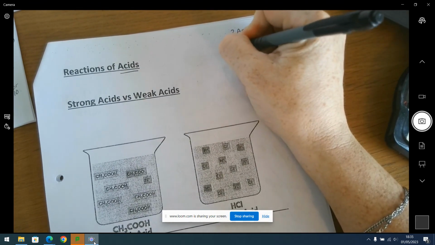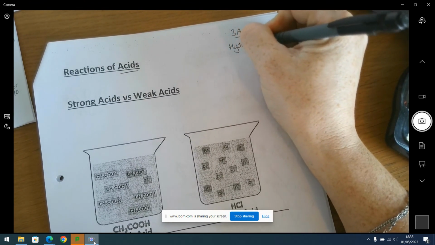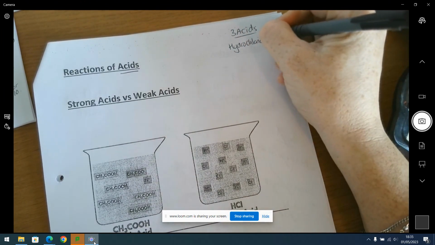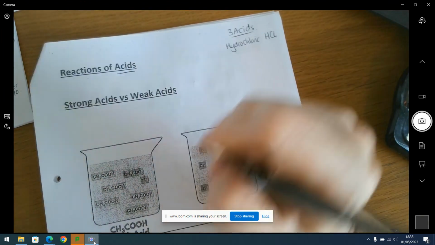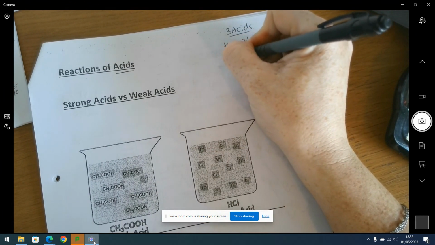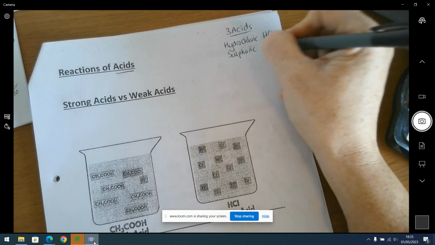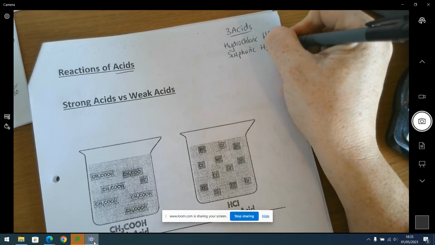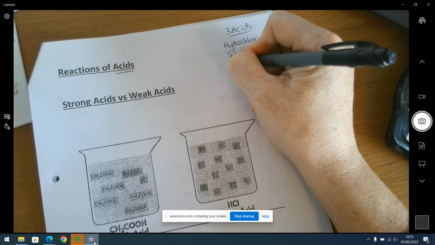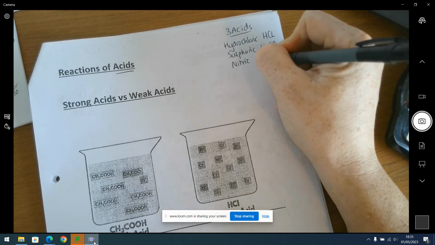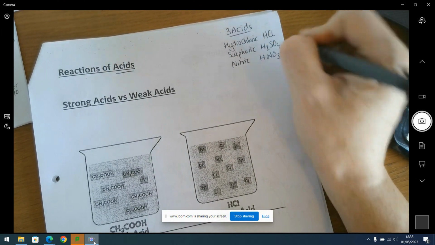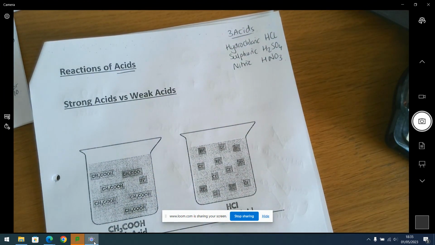So the first one is hydrochloric acid, and its formula is HCl. You've then got sulfuric acid, whose formula is H2SO4. And the final one is nitric acid, whose formula is HNO3. So they're the three main acids that you do need to be aware of.